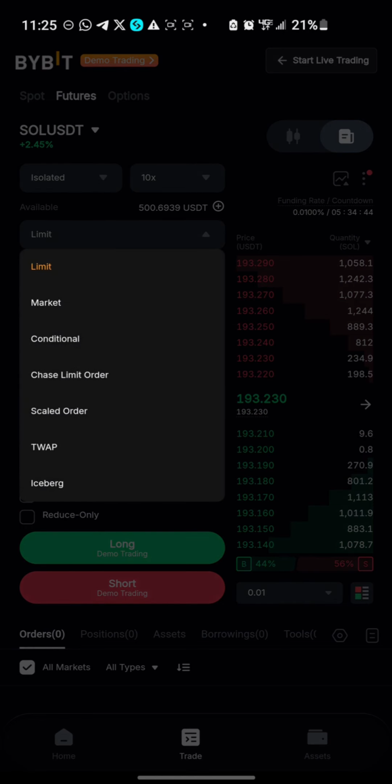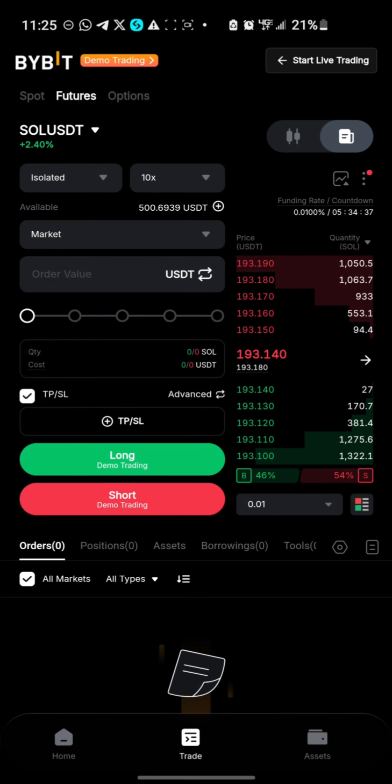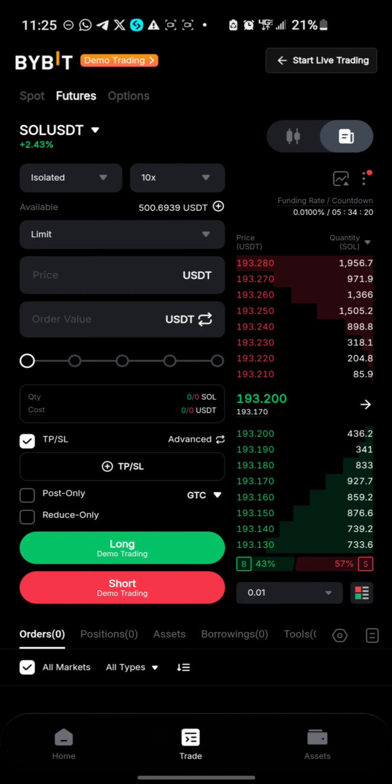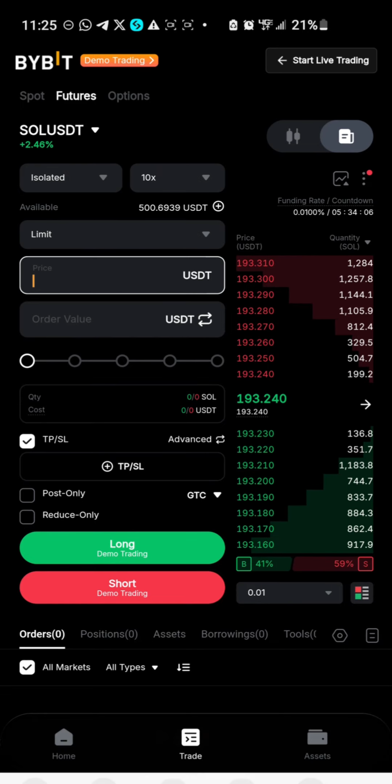So that's for market order. And for limit order, that means you choose the exact price where your trade should open or close. Limit order basically means that the price has not reached your preferred entry, so you set your limit order on your Bybit app.